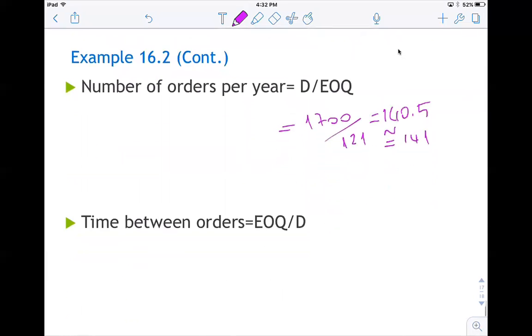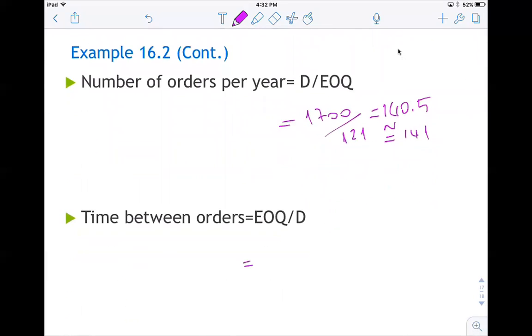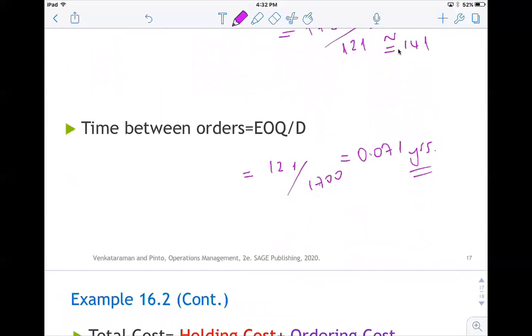Time between orders will be, again, EOQ, 121 divided by 1,700. And if you do the math, this will be 0.071 years.